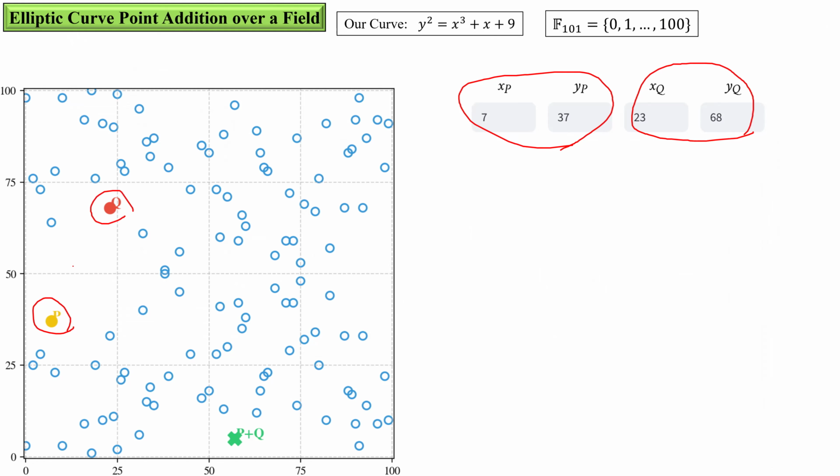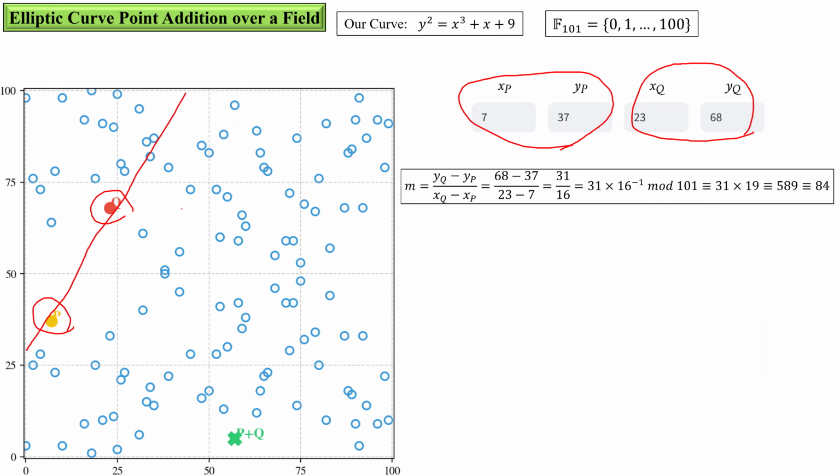So we don't have any continuous form here, so we don't have any line passing through the two points P and Q, and then intersection and reflection. But we can follow the formula that we already had in the continuous form.